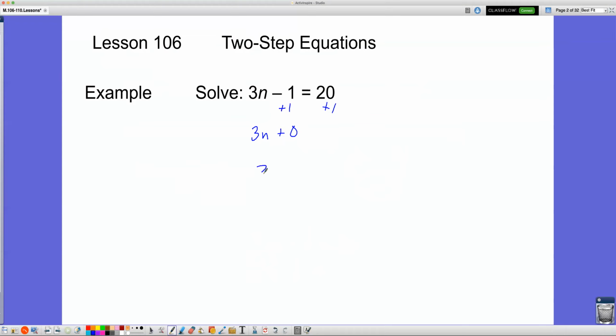So I would have 3n equals 21. That's step 1, remember. Then I'm going to divide this by 3 because these are multiplication. To get this 3 to disappear, which turns it into a 1 times n, I need to divide it by 3, and I need to divide this side by 3. So now I have n equals 7.